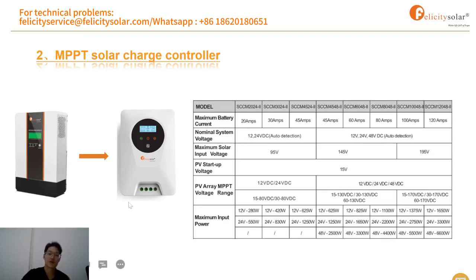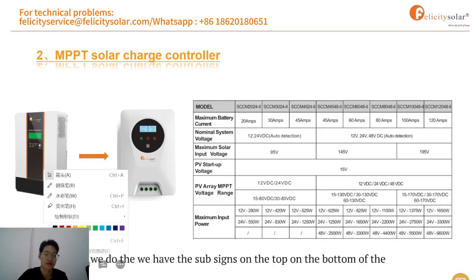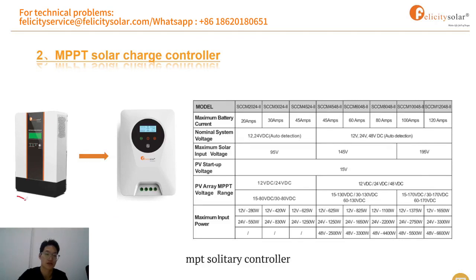To avoid this, we have signs on the bottom of the MPPT solar charge controller, positive and negative signs on the bottom.